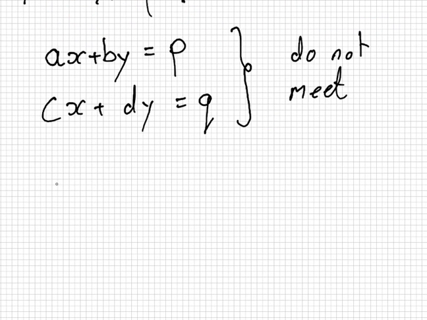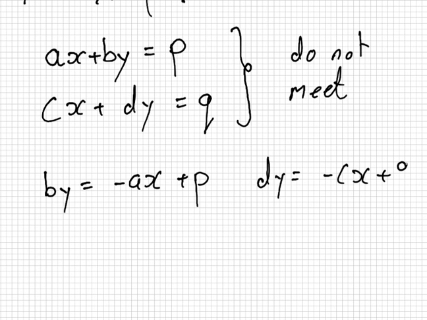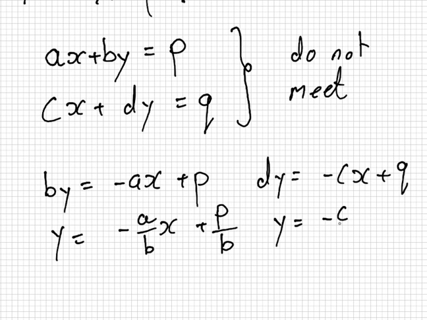So first let's get the slope. I have BY equals minus AX plus P, and then DY equals minus CX plus Q. So I get Y equals minus A over B X plus P over B, and Y equals minus C over D X plus Q over D. Now remember I said they don't meet, so that means they're parallel.